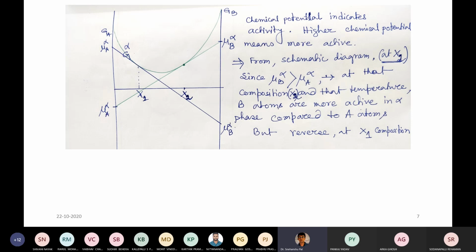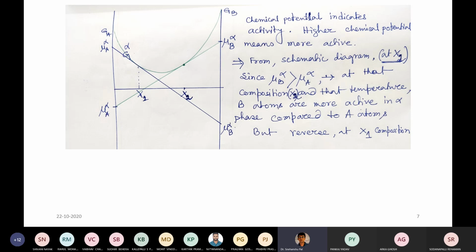If you compare, mu A in alpha is much less than mu B in alpha. So at that composition and that temperature, whatever temperature you have taken as constant, that's why you are able to draw the figure in a particular 2D fashion.